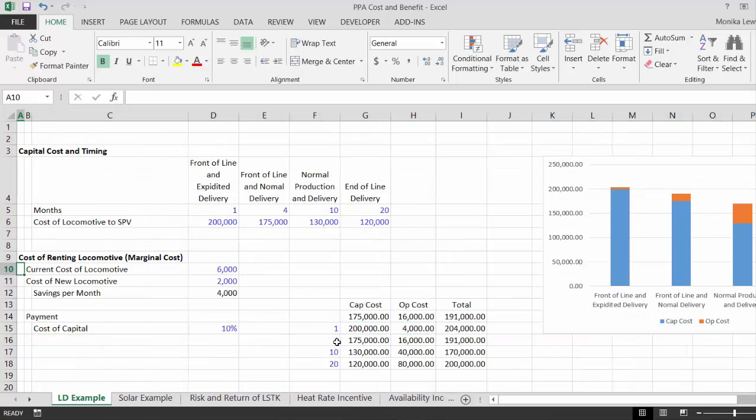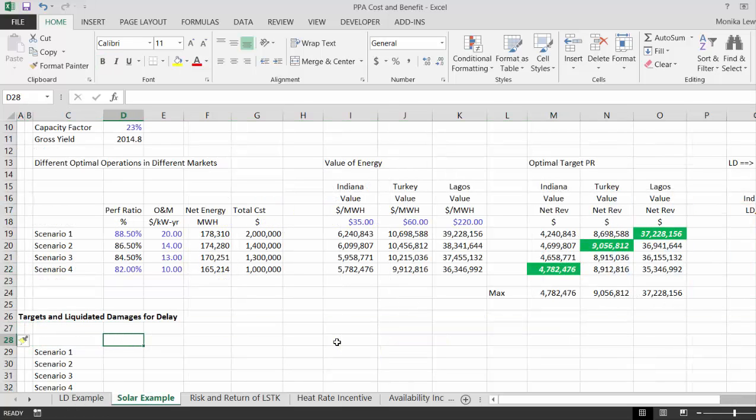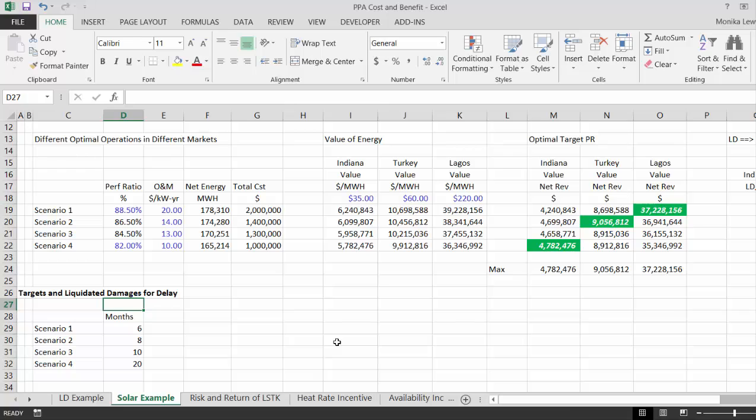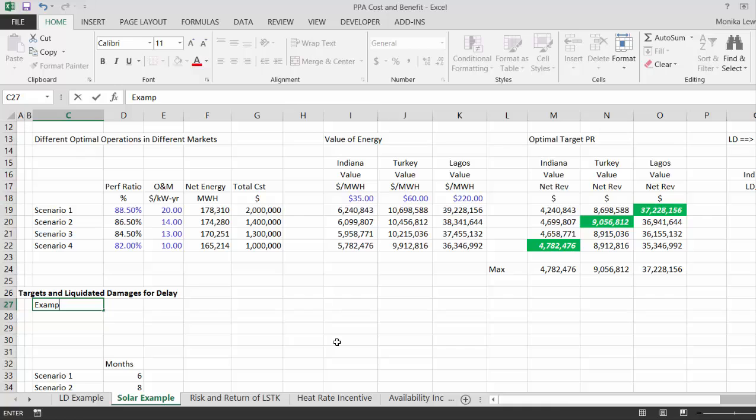It'll be very much like our simple example, but we'll put how many months. And if we can do this in 6 months, 8 months, 10 months, 20 months, okay? And the examples are ordering equipment, right?